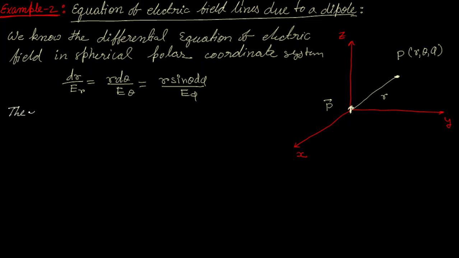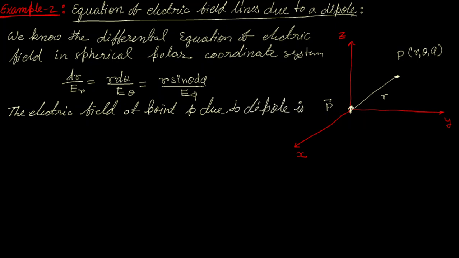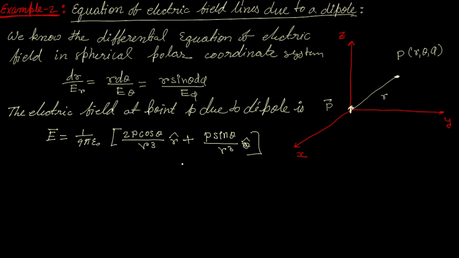So the electric field at point P due to the dipole is equal to 1 by 4 pi epsilon naught, 2p cos theta, where p is the magnitude of the dipole, divided by r cube into r vector, plus p sine theta divided by r cube into theta cap.